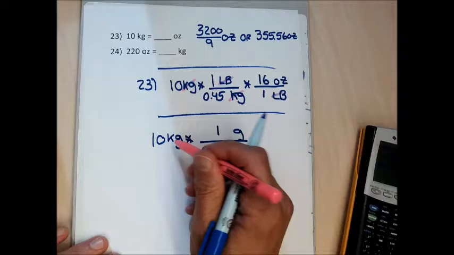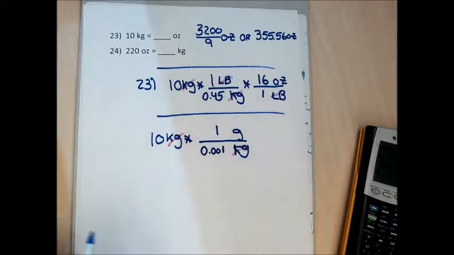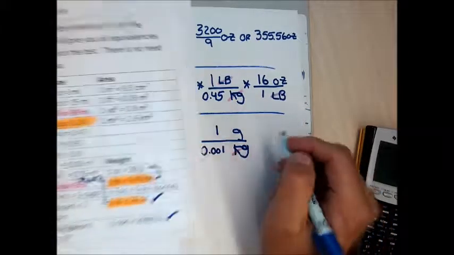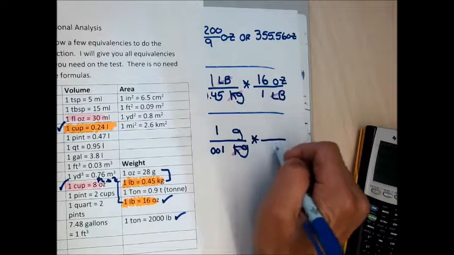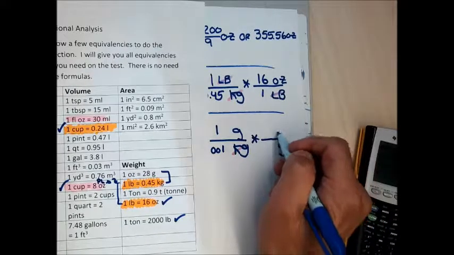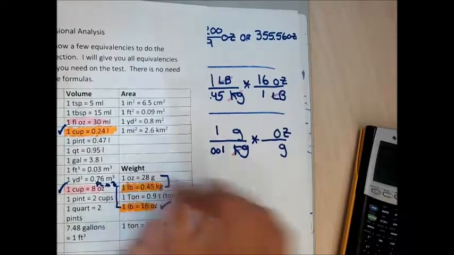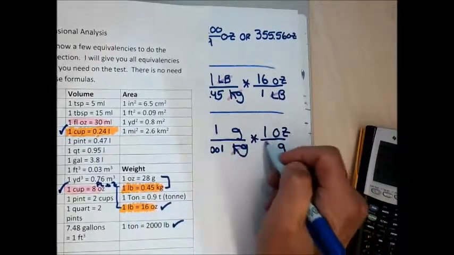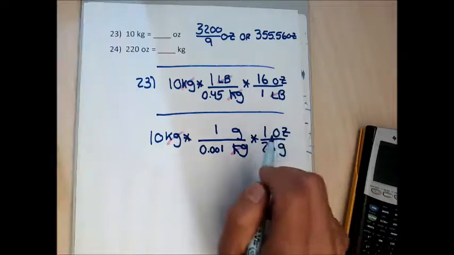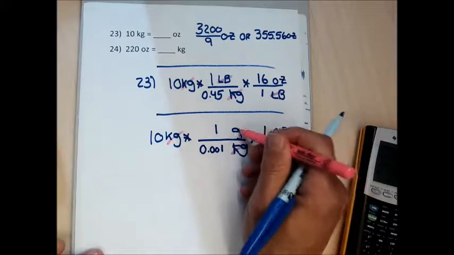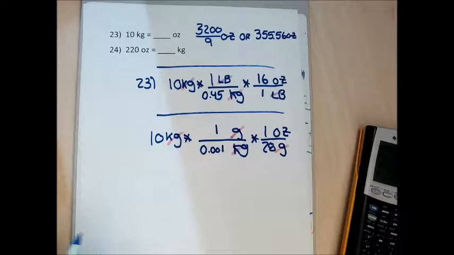That's going to cancel out the kilograms, put me into grams, and then I could multiply by the fraction that has grams in the denominator, ounces in the numerator. The grams will cancel. I'm going to use that 1 ounce is 28 grams. I'll get the same units, meaning ounces, but probably a different number.